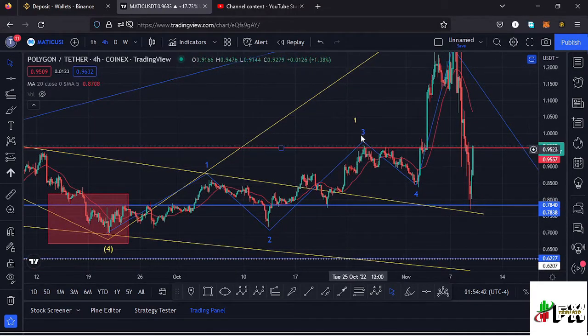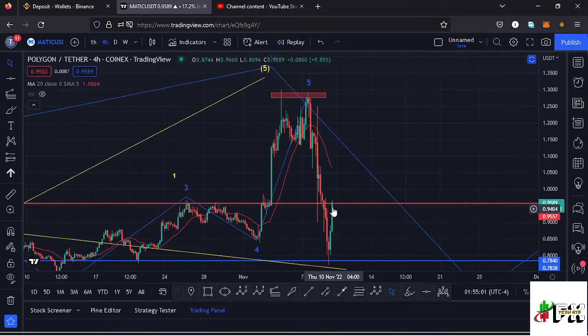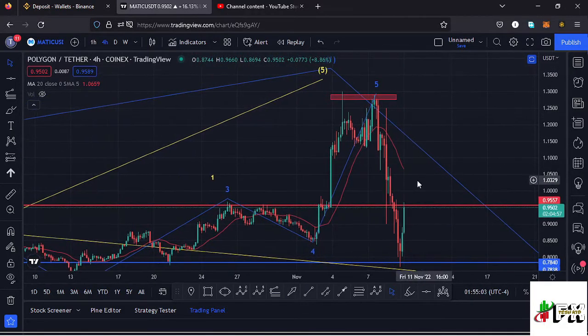Within that movement to the upper side, we also saw chart patterns in formation, like this channel that gave us a breakout to the upper side. In that breakout, we saw the high for that wave 3 right here at around the $0.96 mark, then saw a very nice retracement in the formation of our wave 4, before we continued pushing higher in the formation of this wave 5.